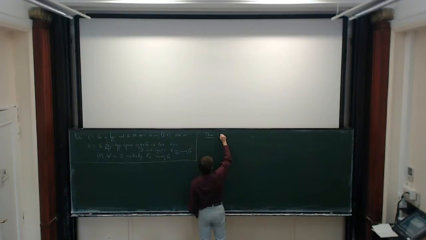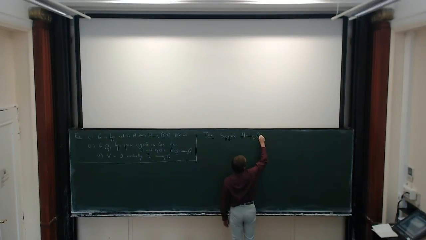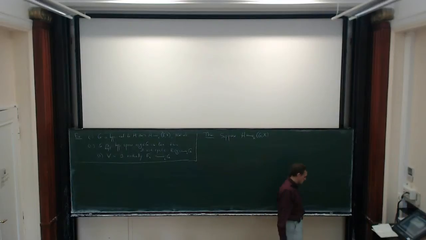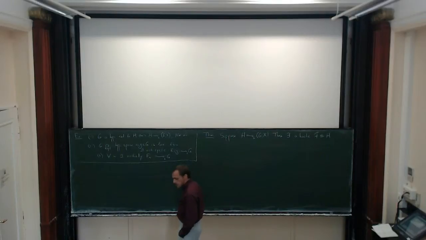So suppose that H is a subgroup which is hyperbolically embedded in G with respect to some relative generating set X, not necessarily finite. Then there exists a finite subset F of H. It's not a subgroup, it's a subset, which you can think of as the analog of the set of bad slopes.